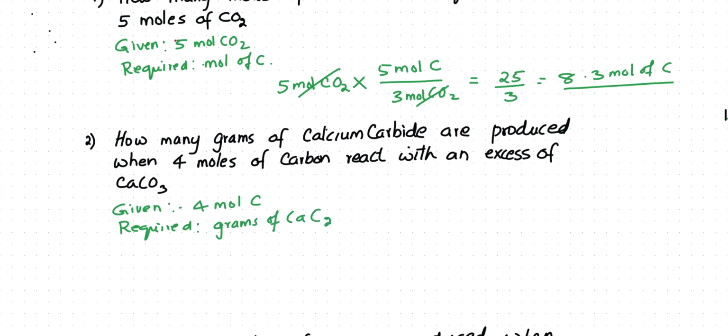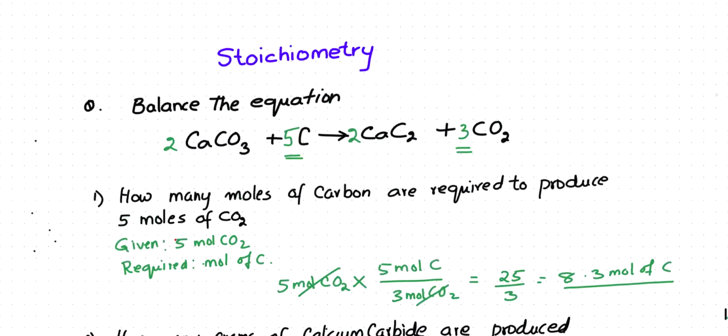So for 4 moles of carbon, first we write the given amount. So 4 moles of carbon times mole ratio. So the ratio of carbon and calcium carbide, in the equation you will see, is 5 moles of carbon and 2 moles of calcium carbide.